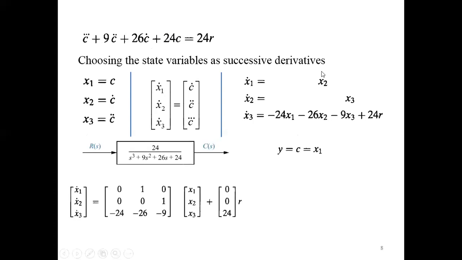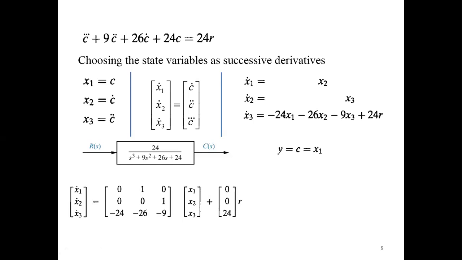From here we will get the A matrix: 0 1 0, 0 0 1, and the last row minus 24, minus 26, minus 9. The state variables will be x1, x2 and x3.